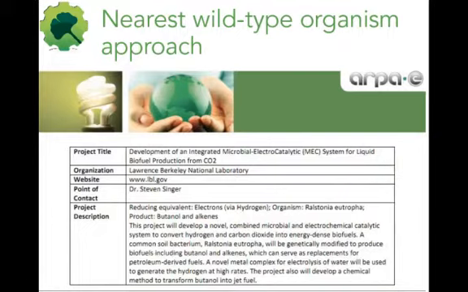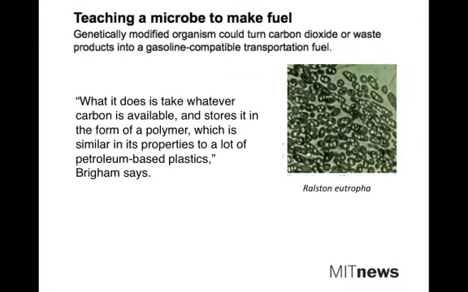Here's an example from ARPA-E, which is the Advanced Research Project Agency focused on energy. It's a proposal which uses an organism called Ralstonia eutropha to make energy alcohols, branched chain alcohols. The really neat thing about Ralstonia eutropha is that you can teach this microbe to make fuel, is what this news release says about it.